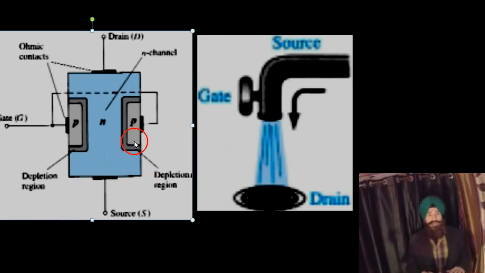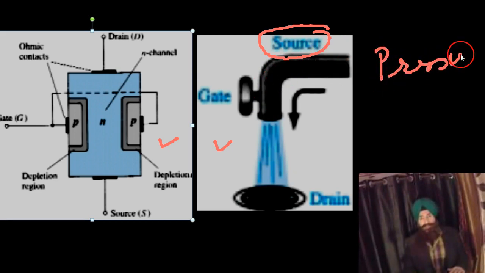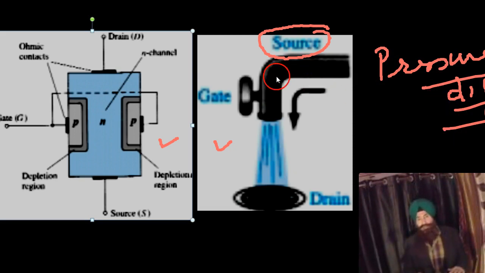Now you can compare the working of FET with the flow of water. So this is a source from where the water is coming, and to make the water flow there is a need of pressure difference. More the pressure difference, more there will be the water.